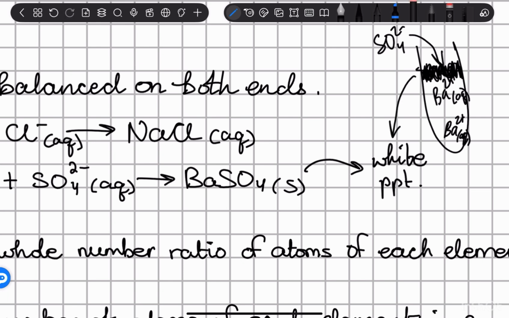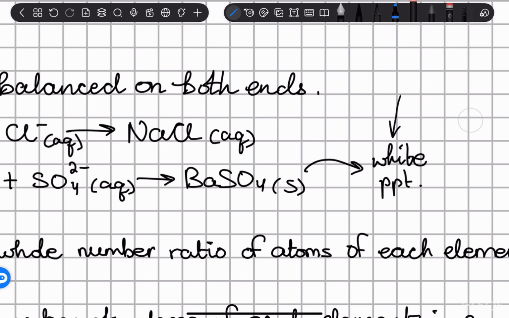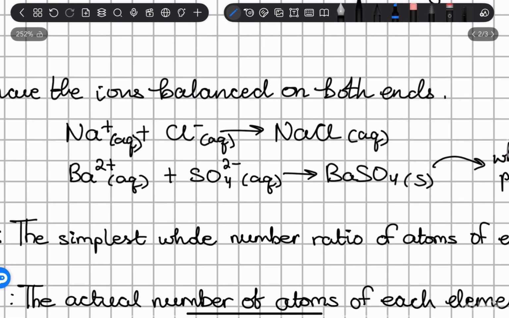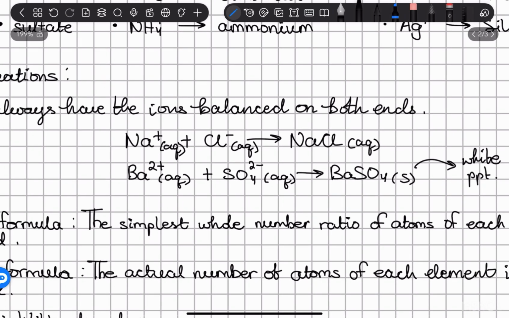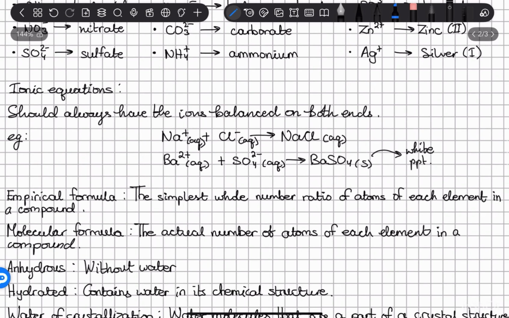Barium sulfate is white, and you'll see this when you do reactions in the lab for paper 3. Usually you see a white PPT. It's almost always barium sulfate, especially when the starting material is a compound that has the sulfate ion. So that's kind of a hack I used to use.